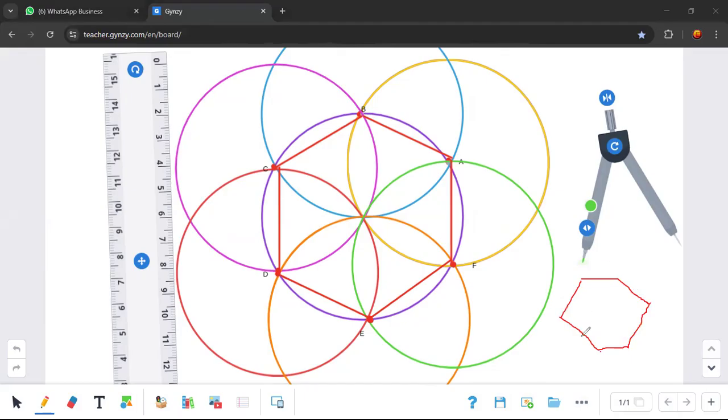Six sides and all are equal. So your final answer should be hexagon for the sixth one. So this is the final answer.